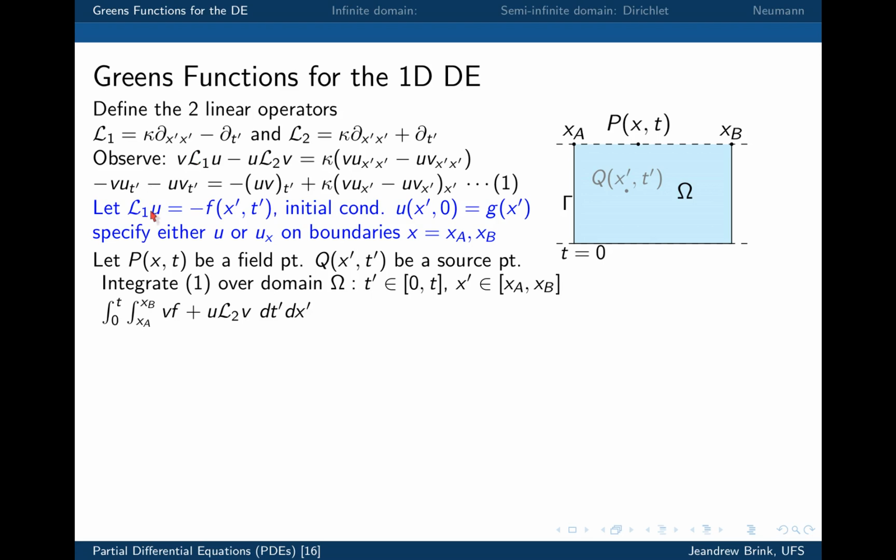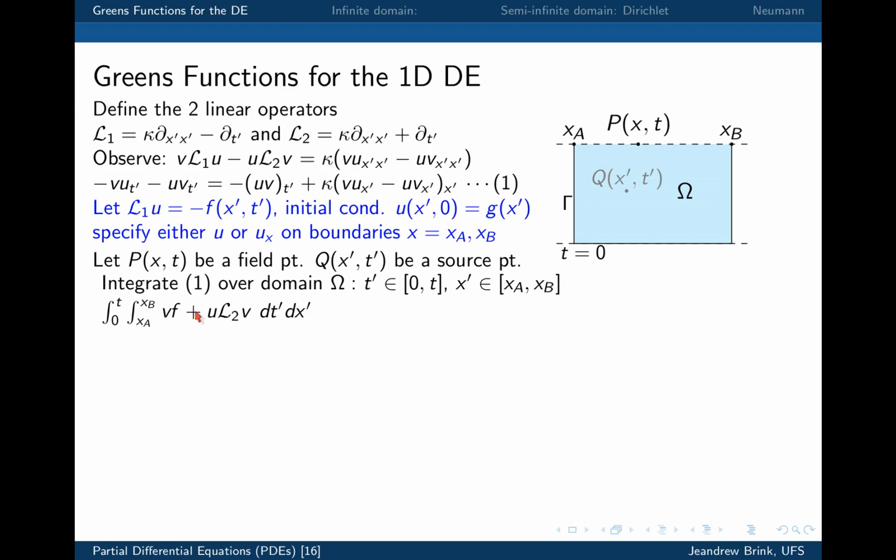So if we do this full integral, we integrate over that whole thing, and we multiply with a minus sign. What I've basically got is v times L1 of u, which is minus f, and I've multiplied the whole thing with a minus, so that's f.